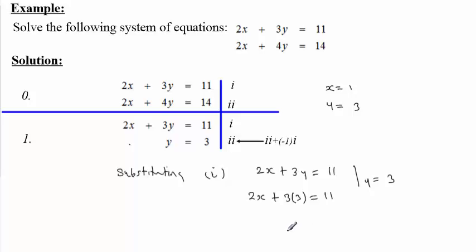And then what we have here is 2x plus 9 equals 11. Adding minus 9 on both sides, we get 2x equals 2, which tells us that x is equal to 1. And as you can see, we get exactly the same solution there. Then you can write our final solution there.